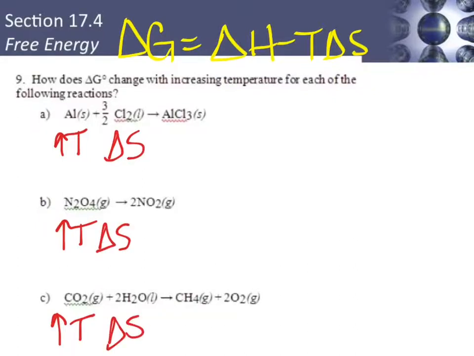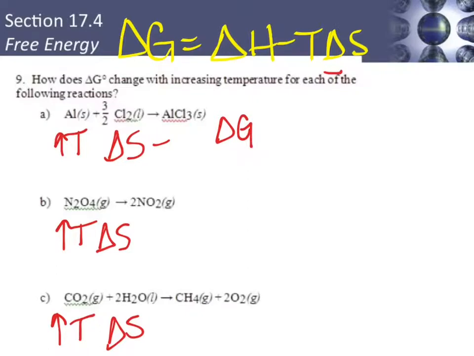In the first situation, we go from a solid and a liquid to a solid. So what happens to our delta S? Is it positive or negative? Negative. So if that delta S is negative, then what is going to happen to our delta G?